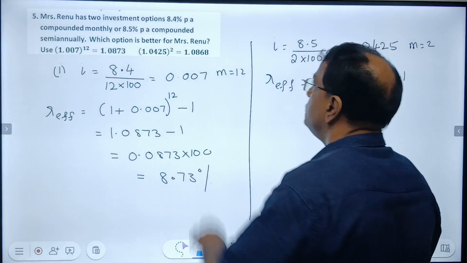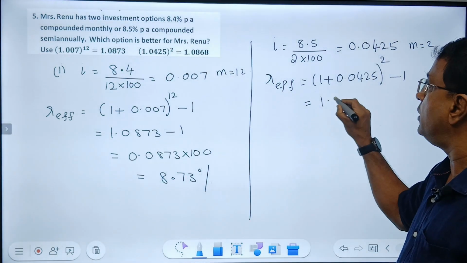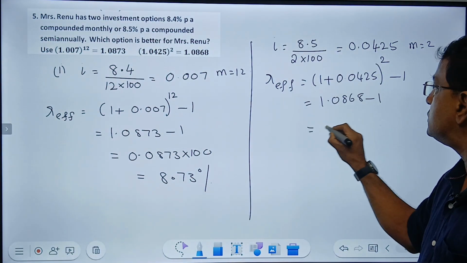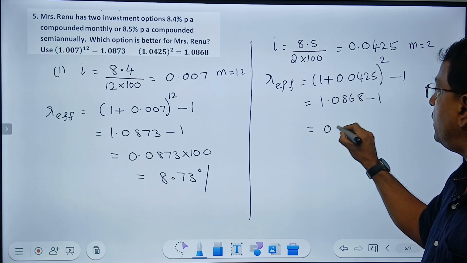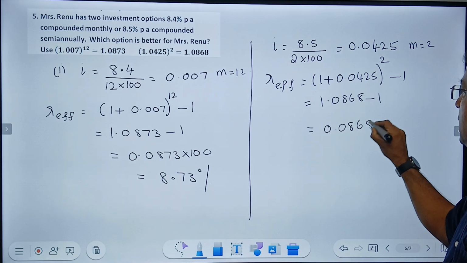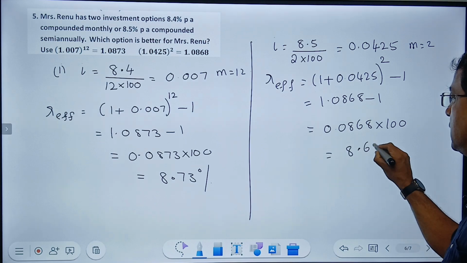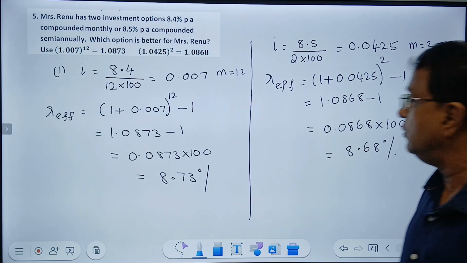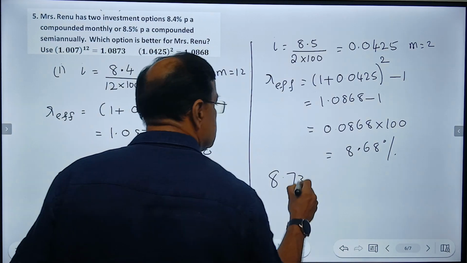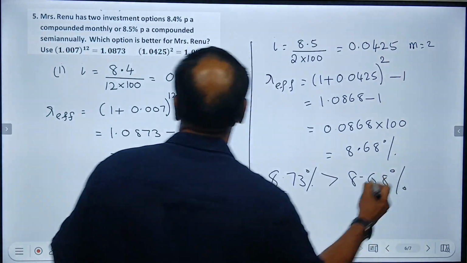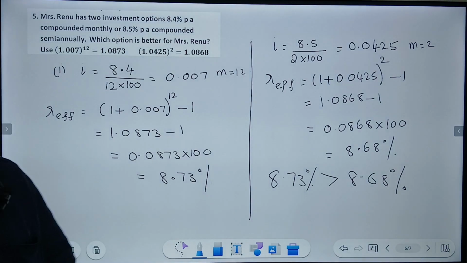The value is known to me, so it is 1.0868 minus 1, which is 0.0868 into 100. So it is 8.68%. You know, 8.73% is greater than 8.68%. So the first option is better.